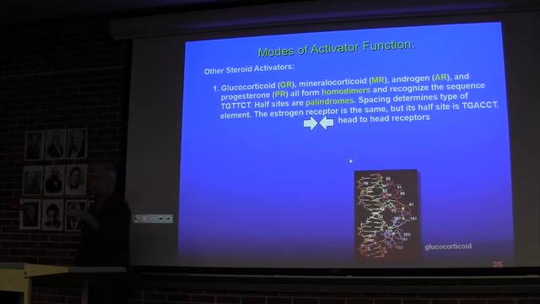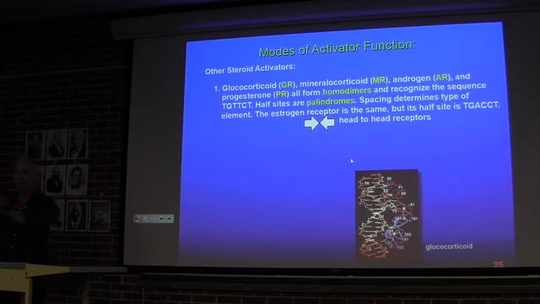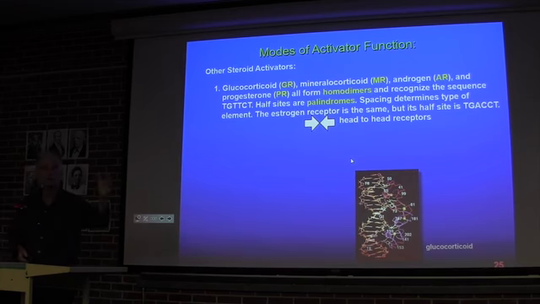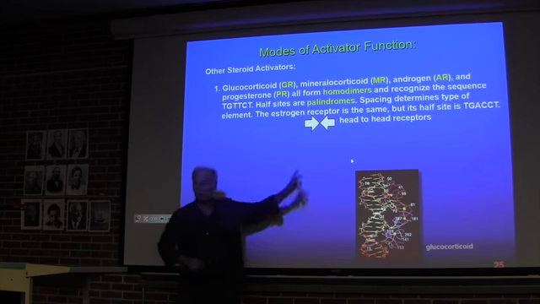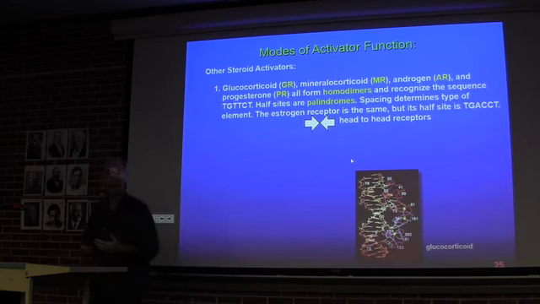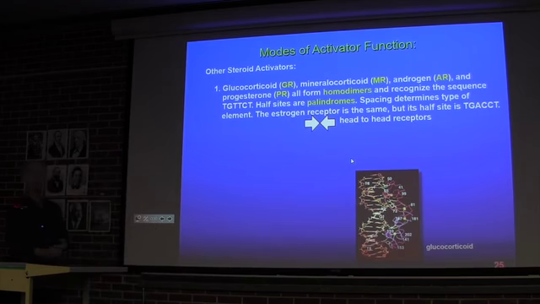So how do they discriminate among the promoters they should bind? Because they activate different sets of genes if they have the same sequence here. And it turns out that there's one other aspect that you can fiddle with, and that's the spacing of those inverted repeats. And that spacing determines whether it's going to be glucocorticoid or mineralocorticoid or progesterone or, what's the other one?